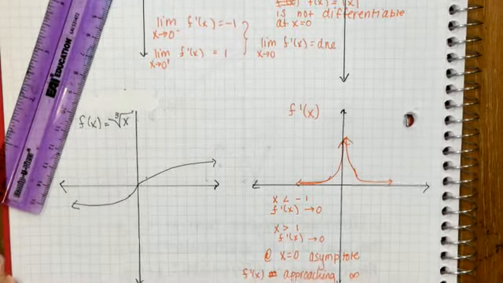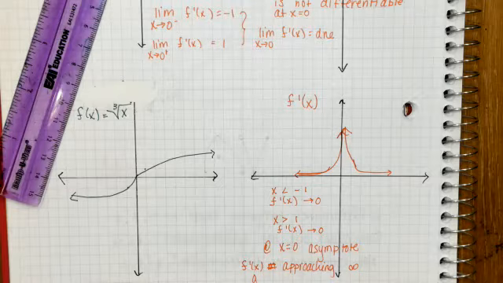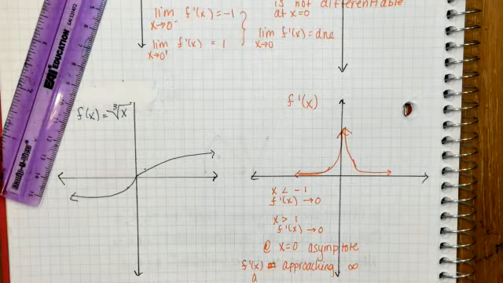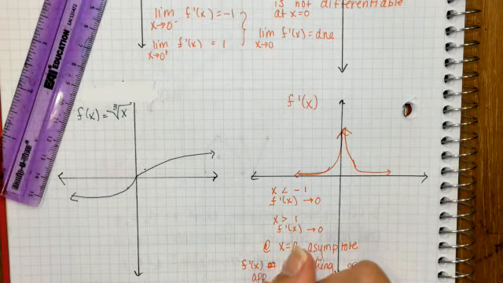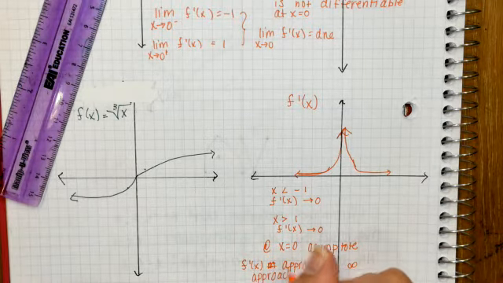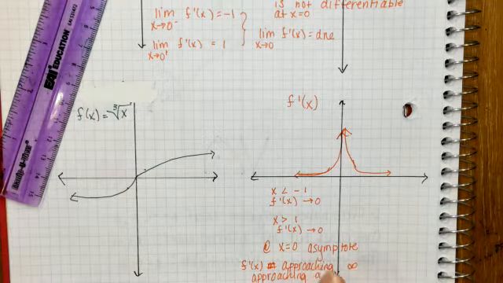Vertical line has infinite slope. We've learned that for a vertical line, we say the slope is undefined. It's also considered infinite slope. So we are approaching a vertical tangent.